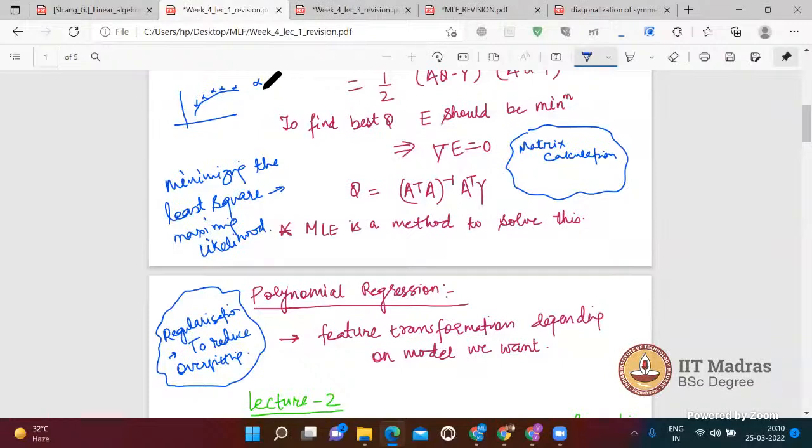So it generally helps us to reduce overfitting. It will give you a curve that will not react much to those data sets which are not correlated, or which are very different, the very vague data.